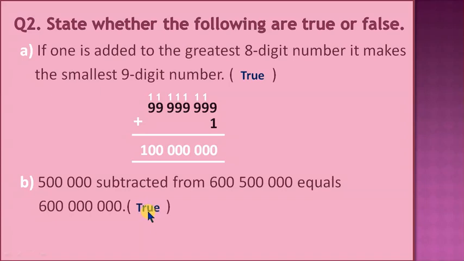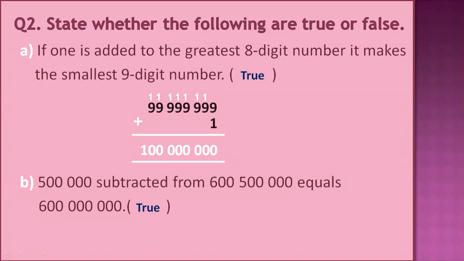If you want, you can simply subtract 500,000 from 600 millions on paper.